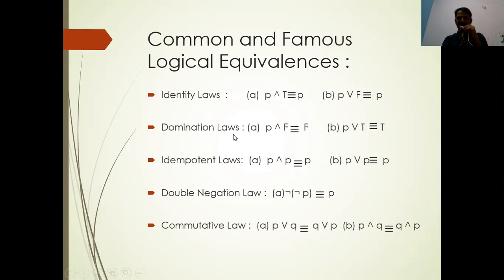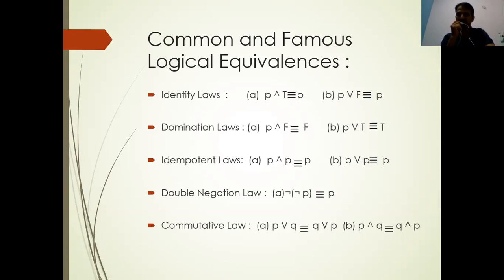Similarly, the domination laws: P and F is equivalent to F only. F stands for false, and capital T stands for true. P or T is always equal to T only.